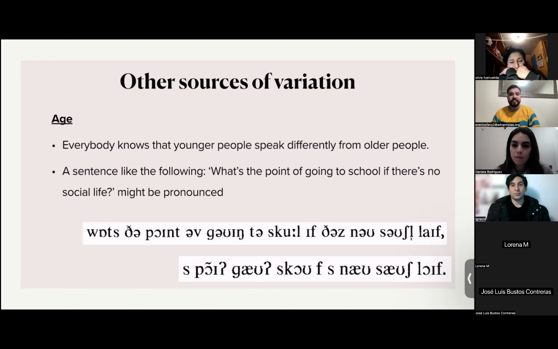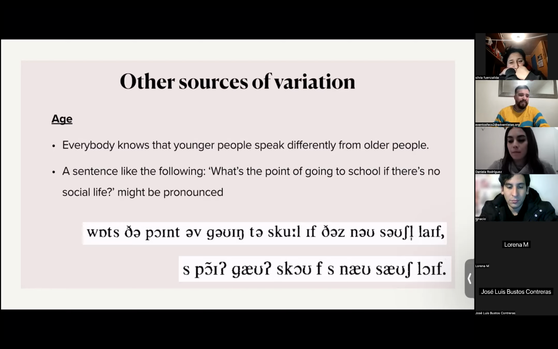There are some studies that have looked at Queen Elizabeth's accent for about 10 or 20 years, and they realized that her accent changed because she had to change her posh accent to attract young generations.